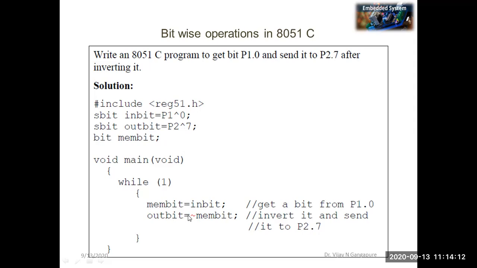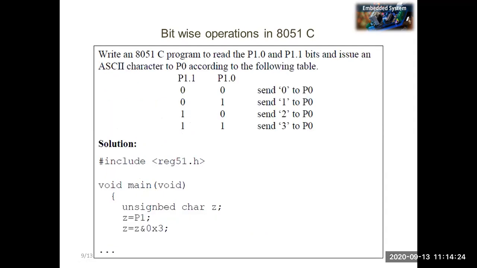By using these two statements, I am reading data from pin number 0 of port 1, inverting it and then outputting it to pin number 7 of port 2. Okay, so this is the program.